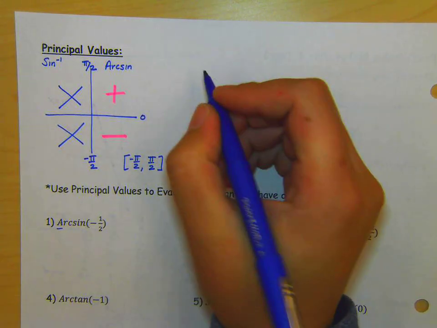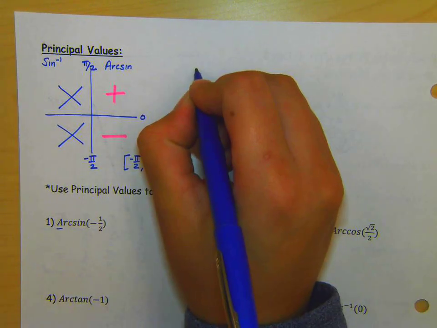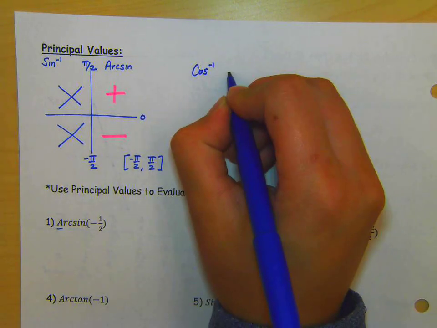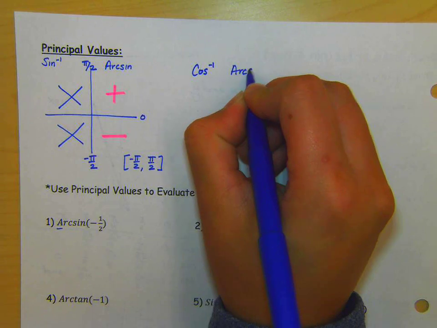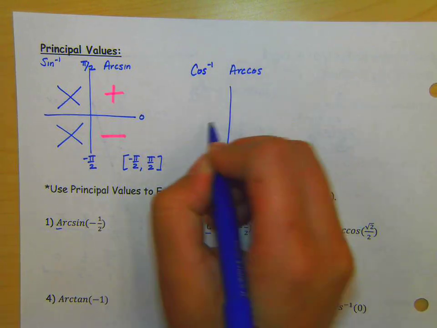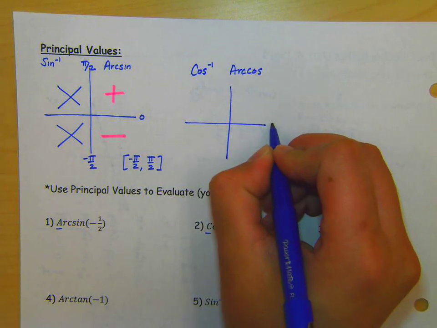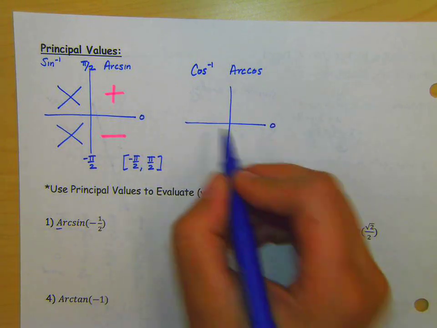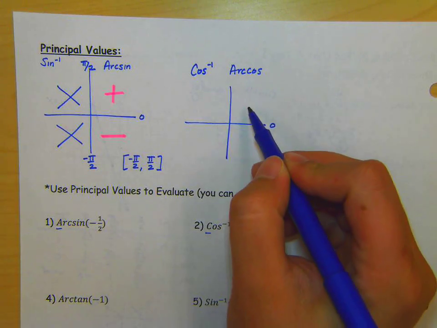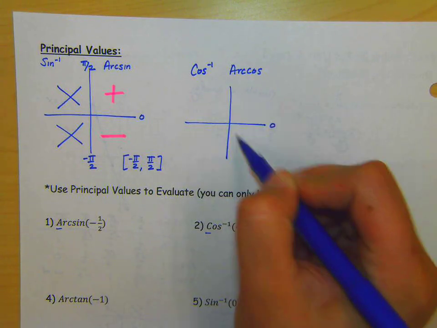Now if I go on to cosine, capital C cosine or arccosine, capital A, let's think about it here. Here's 0. If I say just quadrants 1 and 4, that doesn't make sense because both quadrant 1 and 4 have positive cosines.